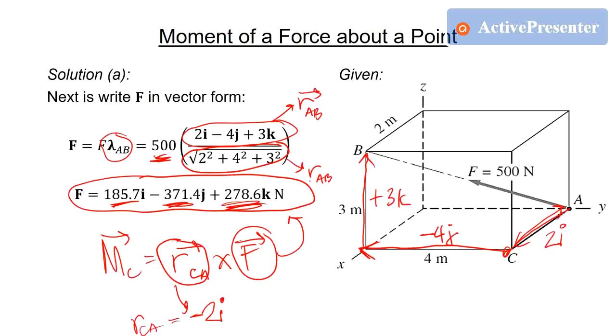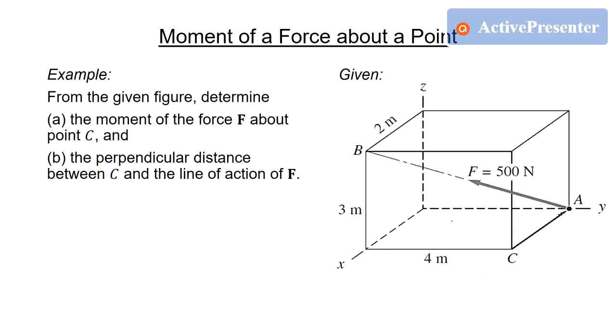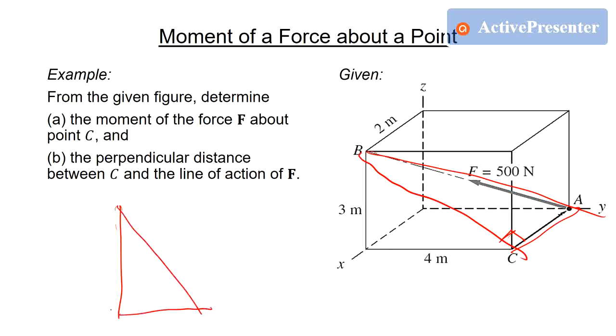So remember that for our second problem, we are asked what is the perpendicular distance between C and the line of action of F. Basically, if we draw this triangle right here, which is a right triangle, this is C, this is B, this is A, so this is the direction of F, which is directed from A to B. This is a right triangle.